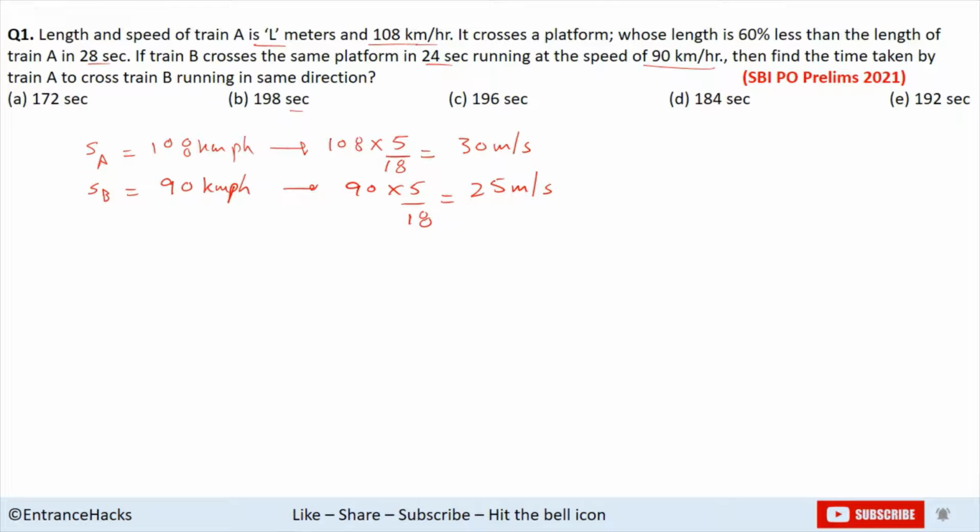Now, the length of train A is L meter, and it crosses a platform whose length is 60% less than the length of train A, in 28 seconds.